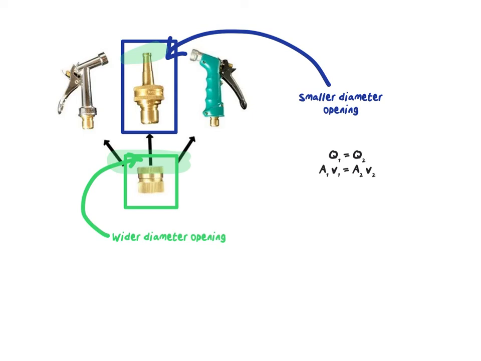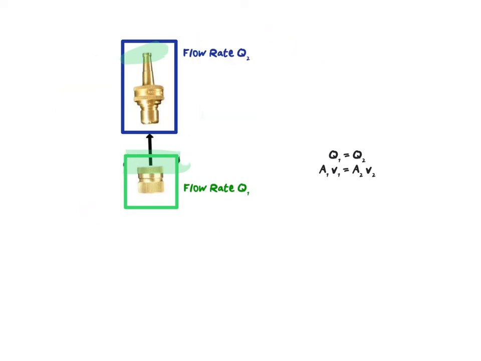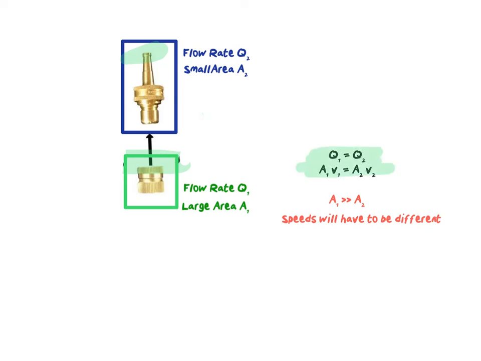That if the area is different, all right, so if we set the flow rate over here equal to the flow rate over here, the area being different, so we have a large area on this part and a small area on this part, means that the speeds will have to be different in order to maintain conservation of matter and to keep this as an equality.